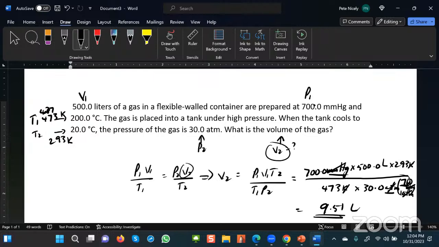All right, and that's basically how that is done. Any questions about this? If you understood what I just did, then you should be able to do the questions under the combined gas law section. I leave you to do that plus the others.